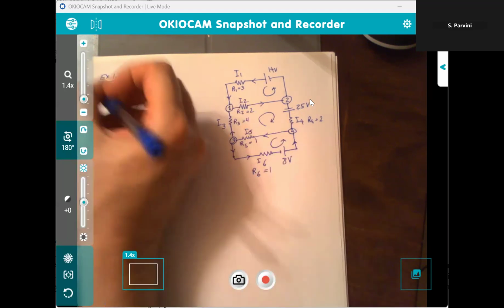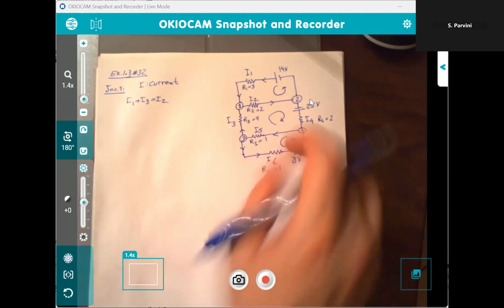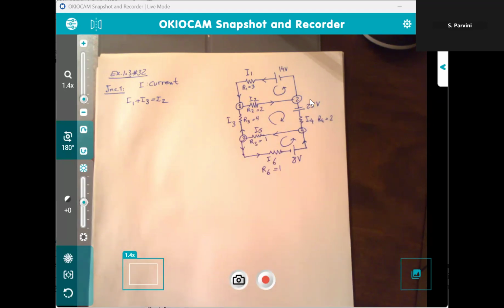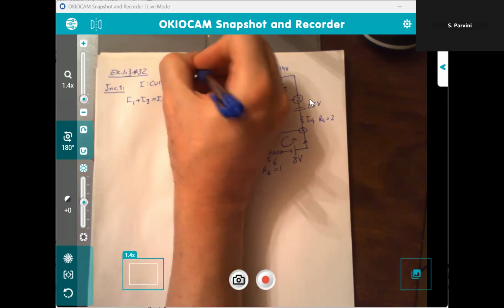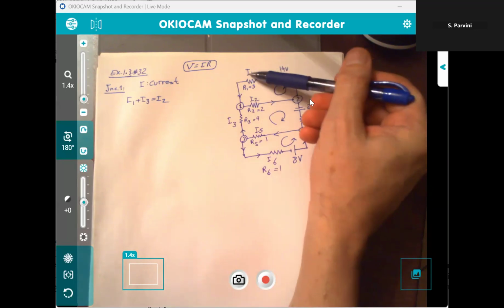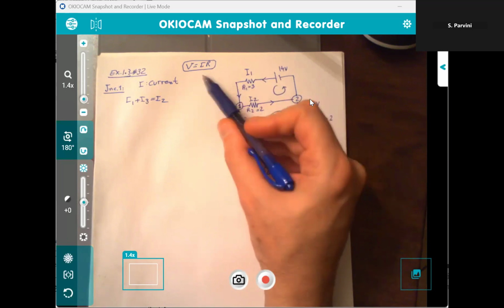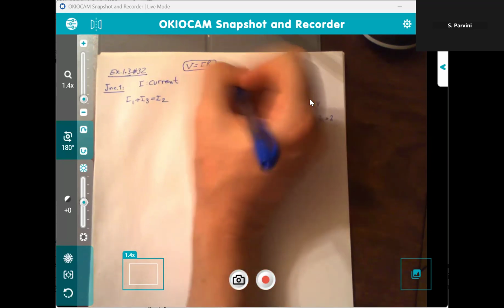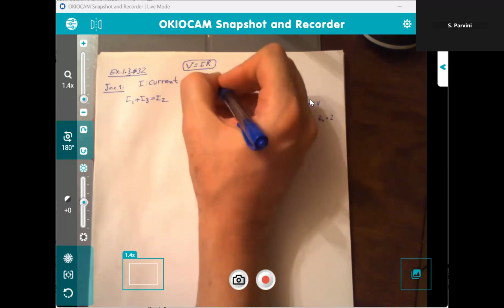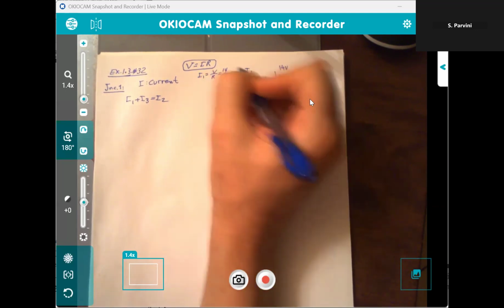Perfect. I had a question. Would we include the 14 volts? Oh, for this part, no, we don't, because he's asking us to find the currents. Here's the equation: V equals IR, so I1 is equal to V over R, the voltage is 14, resistance is 3.